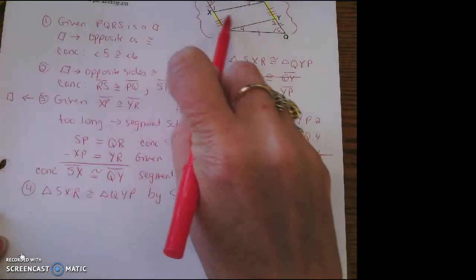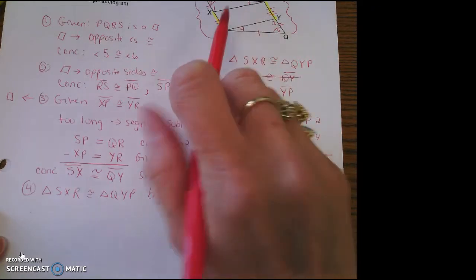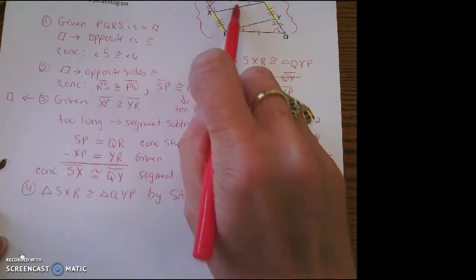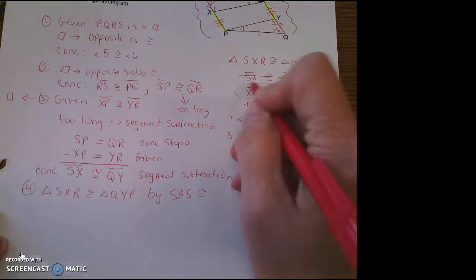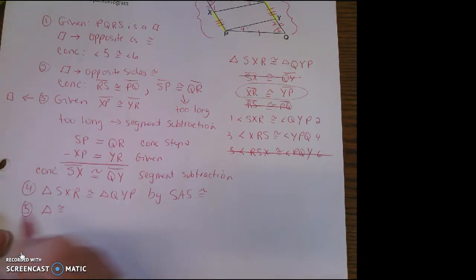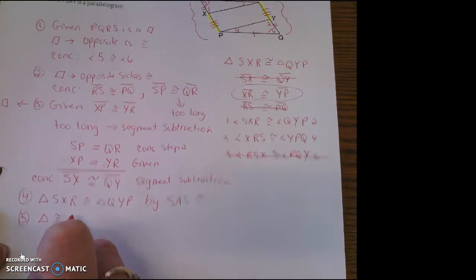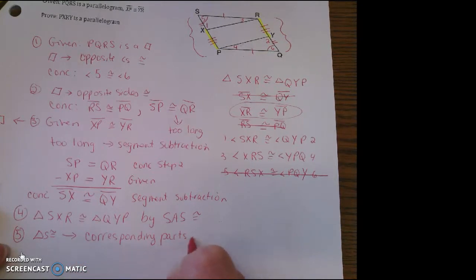Now there is no diagonal inside here, so I don't want to use alternate interior angles, but I do want to try to get the other sides congruent. It turns out those are the corresponding parts that we need in order to prove that this thing's a parallelogram. So if the triangles are congruent, then corresponding parts are congruent.